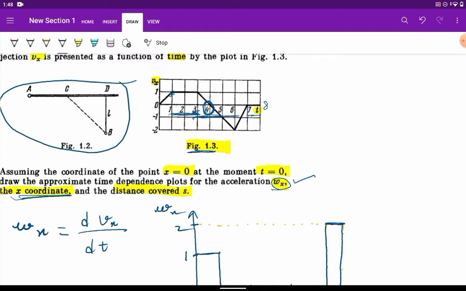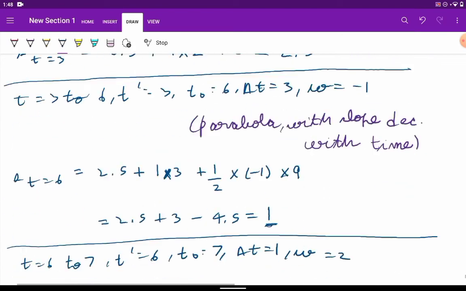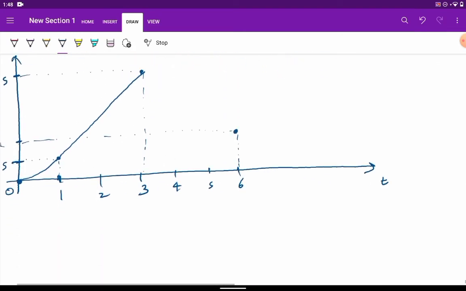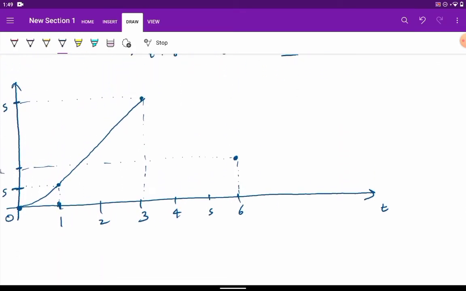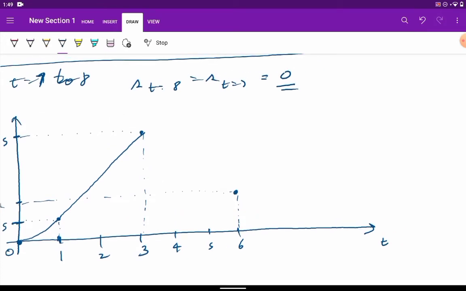Essentially, at t equal to 4, the particle stops, and then starts going in the reverse direction. So at t equal to 4, velocity becomes 0, which means the slope becomes 0, and starts decreasing after that.